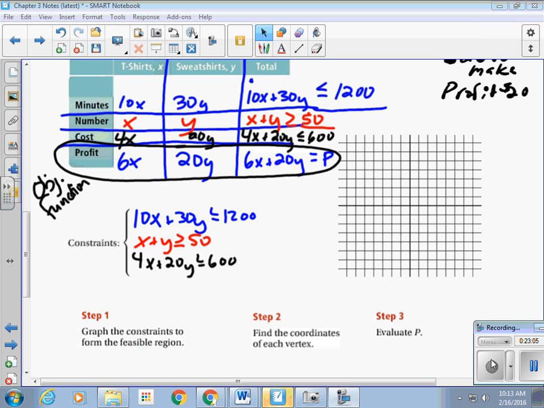So the easy ones are, am I going to ever have a negative amount of t-shirts? No. So my x value is always going to be greater than or equal to 0. Am I ever going to have a negative amount of sweatshirts? No. So my y values are always going to be greater than or equal to 0.